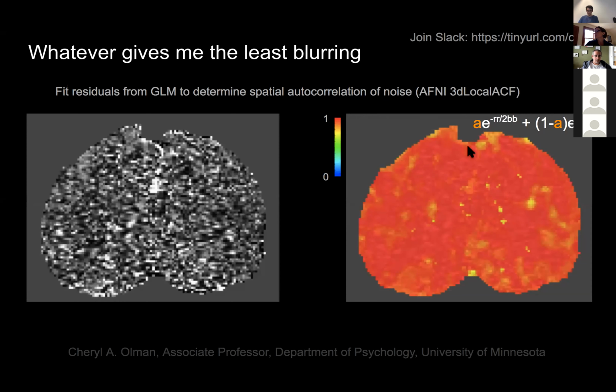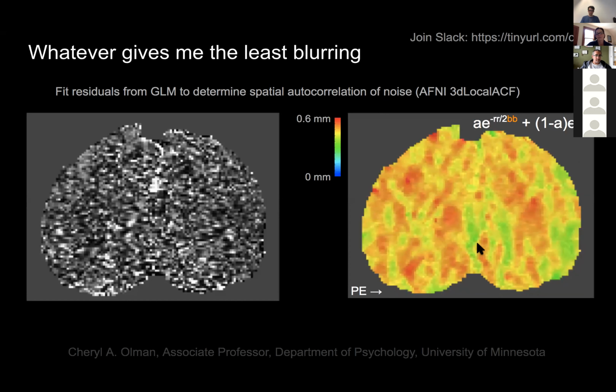And then AFNI's functions are going to estimate your noise correlation structure as a weighted sum of a Gaussian term, which is going to represent probably your thermal noise, and an exponential decay, this long-tailed physiological noise that has been greatly discussed in low-res experiments lately. As this map shows, in this 0.8 millimeter regime we work, we are pretty much thermal noise dominated. And even in my gray matter, 95% of my noise can be described by a Gaussian kernel.